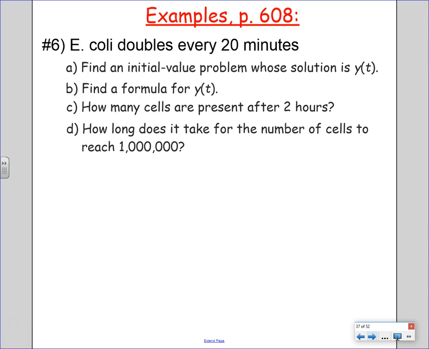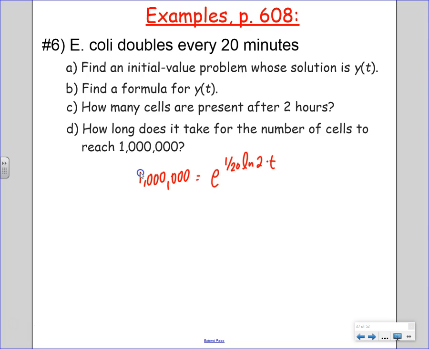Now what? So you just do 1,000,000 equals 1 e to the constant times time, and we find k, because we've been using the doubling constant, the 1, ln of 2.